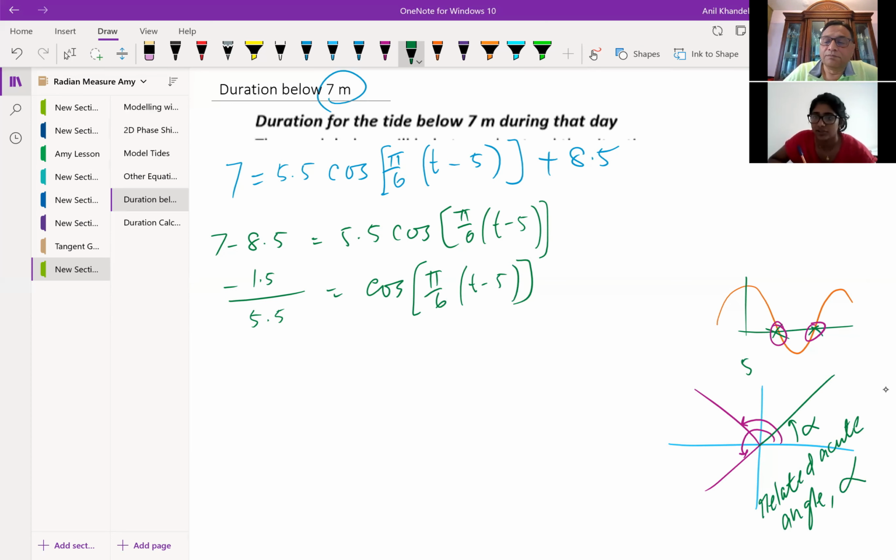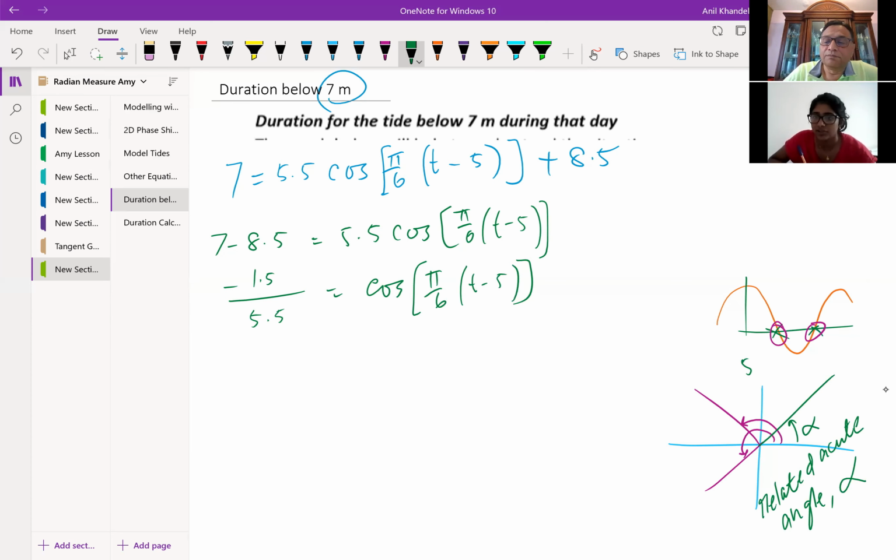So let's go straight to the solution, which we have already done. The important thing is you understood the concept, correct? Can you please read the solution? So we will solve the equation for h of t, which equals 7.